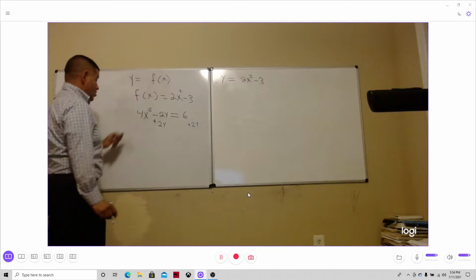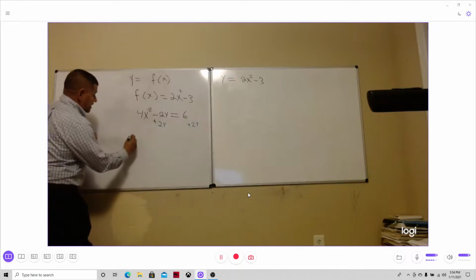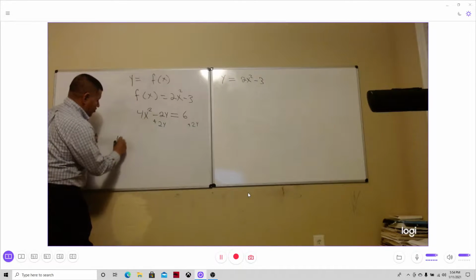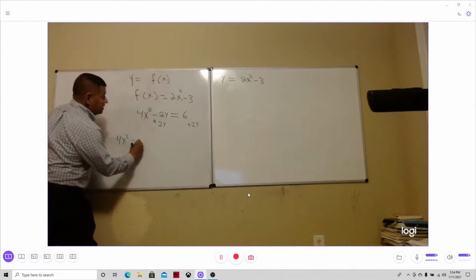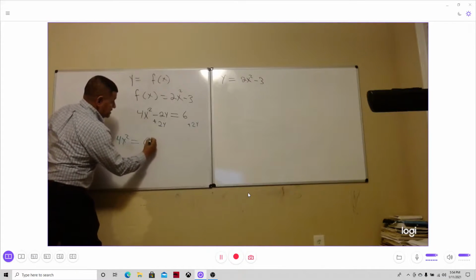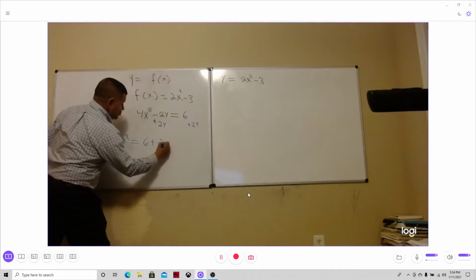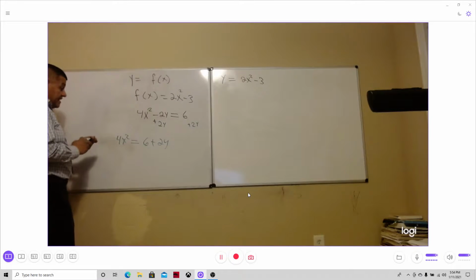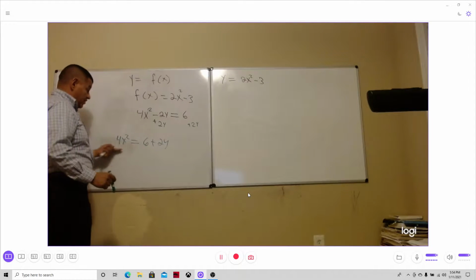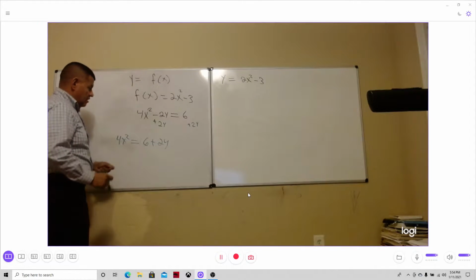When I add 2y on both sides, I get 4x squared equal 6 plus 2y. Now I need to solve for y.